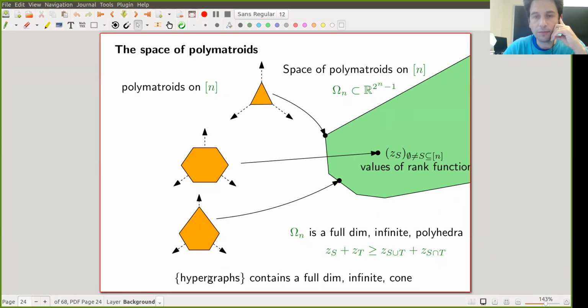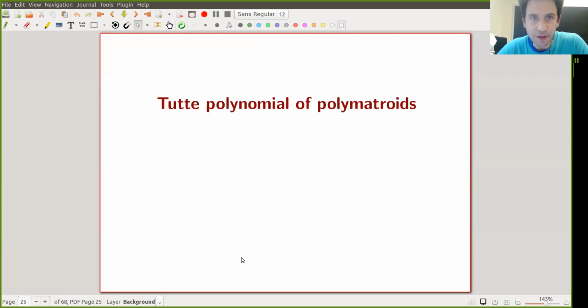So in some vague sense, there is a positive fraction of polymatroids that come from hypergraphs, which is a very different situation than for graphs. All right, I'm going to stop there with this vague motivation.